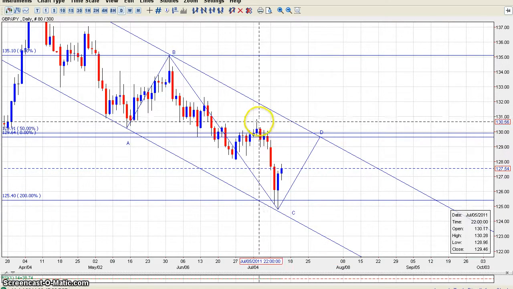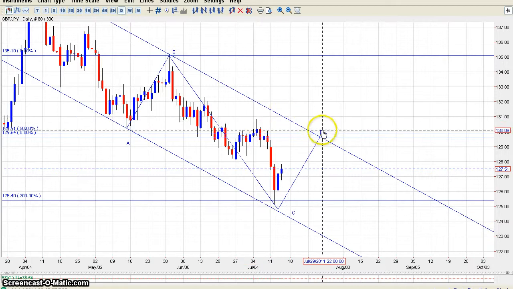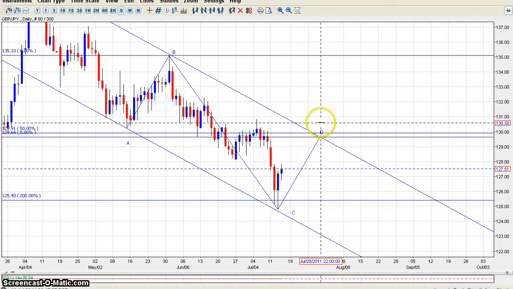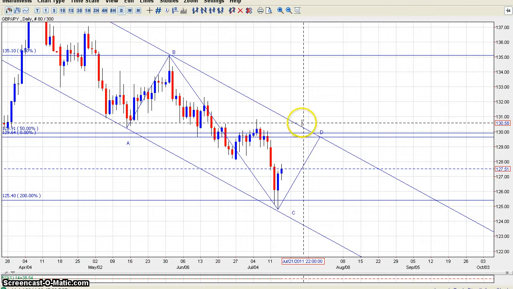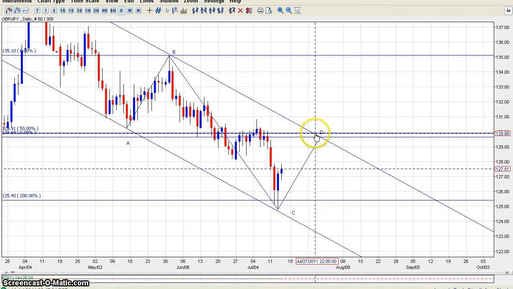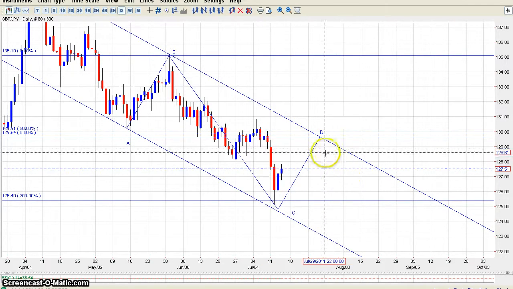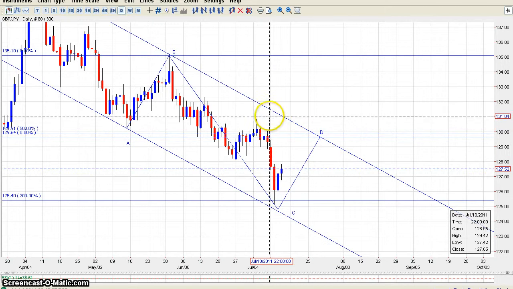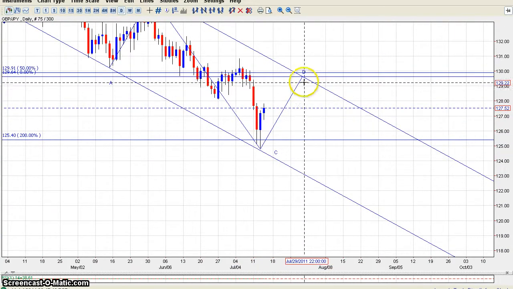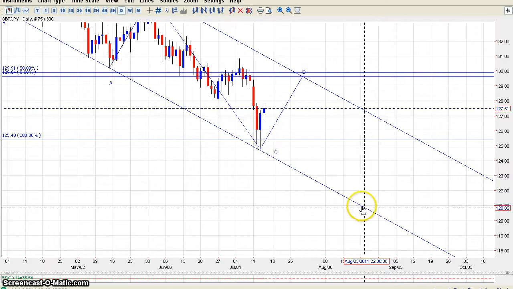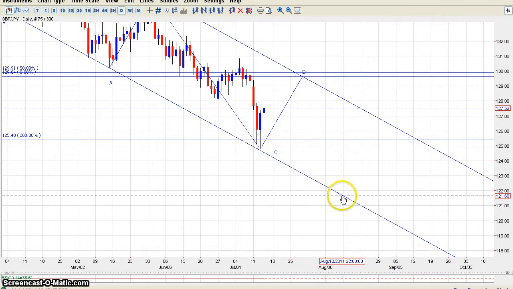Stop loss is above this doji, ideally just above this channel, the upper bound of the channel line, because you never know how fast price is going to pierce this channel before moving downwards. So stop loss 131, and target is an open objective. But the ultimate target is for price to tag the bottom boundary of this channel.